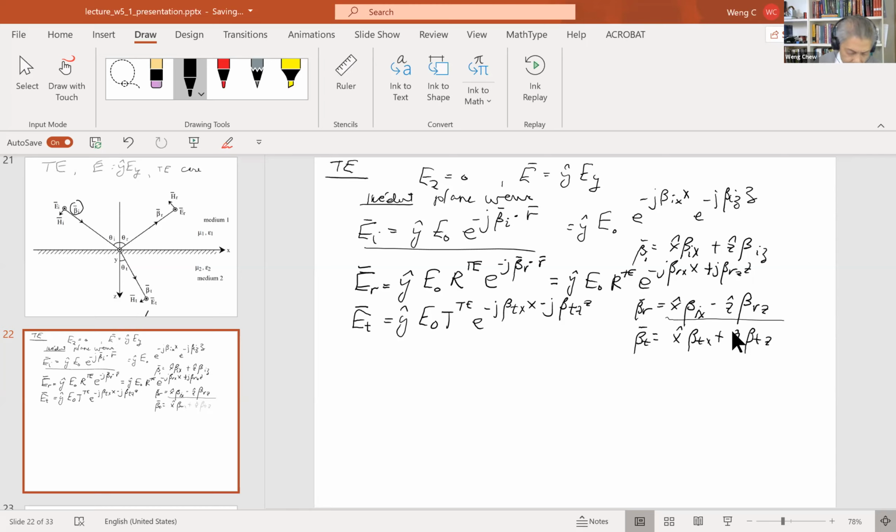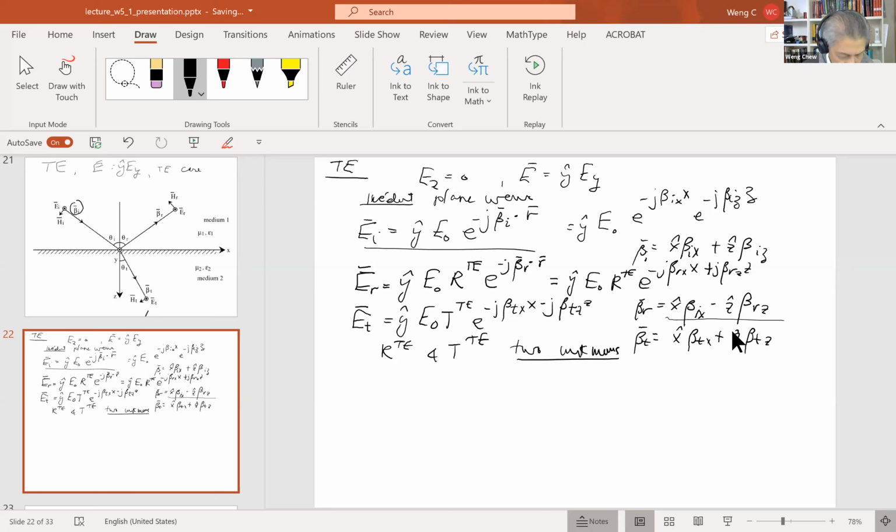Then I will have to match boundary conditions. There are two unknowns here, R TE and T TE. So I need two equations for two unknowns.